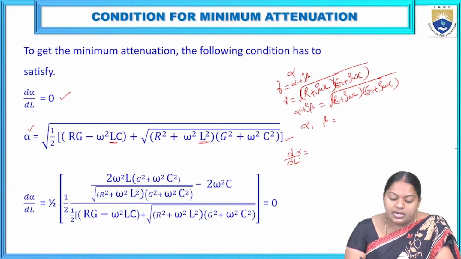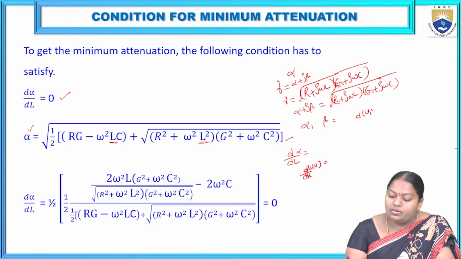In order to differentiate that equation, we have to consider the differentiation formula d by dx of u by v, which is given by (u dv minus v du) by v square, right? This is the formula.